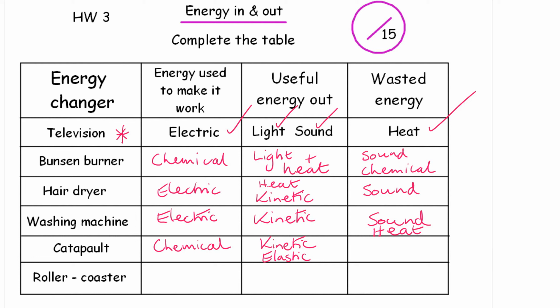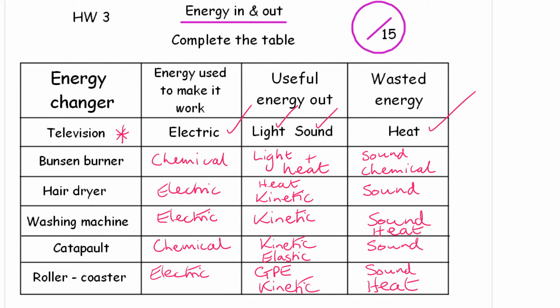The wasted energy is going to be sound again. And a roller coaster. Probably electric in, and the useful energy, you got an increase in GPE and you got a lot of kinetic. There will be sound lost, and due to friction there'll be heat lost as well.